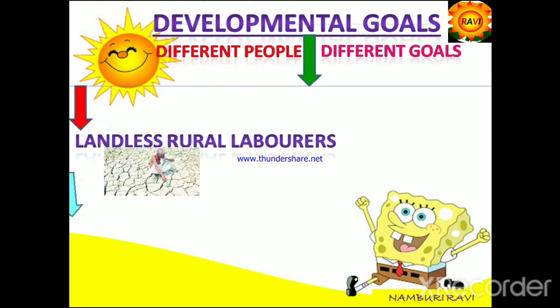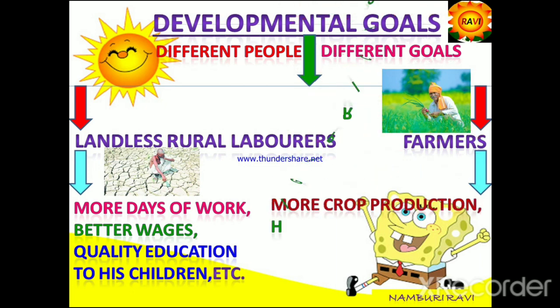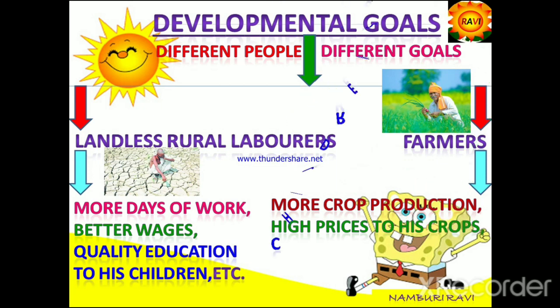The developmental goals of a landless laborer are that he should get more days of work, better wages, and quality education for his or her children. These are the three basic developmental goals of a landless laborer.